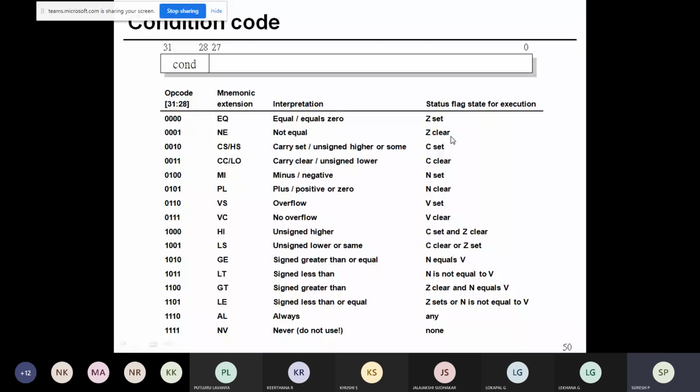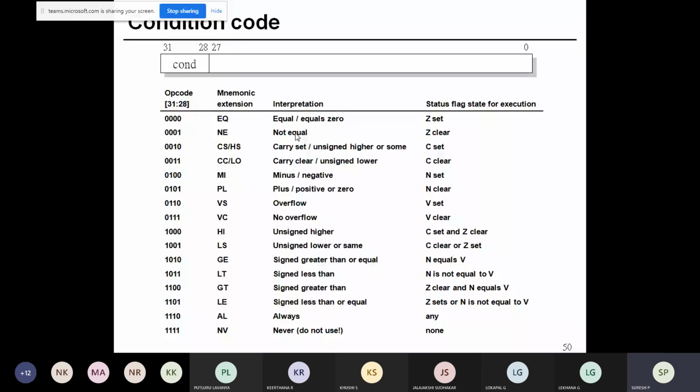So next is carry set. So when you are going to have the carry set, which bit has to generate the carry if the carry has to set?